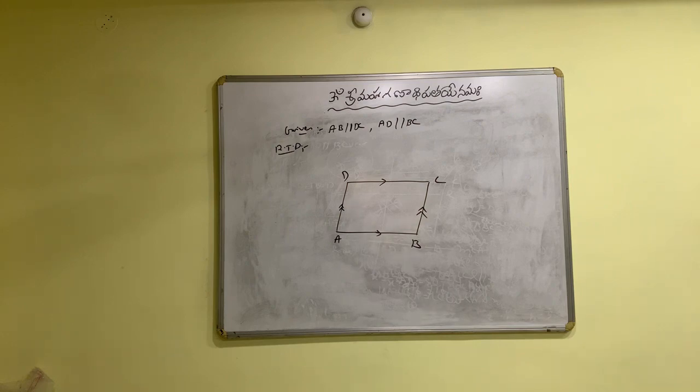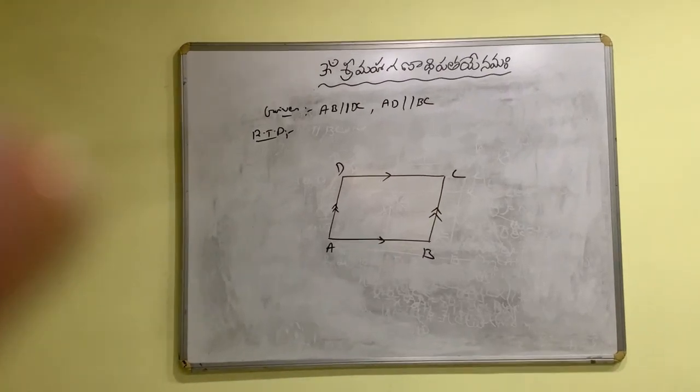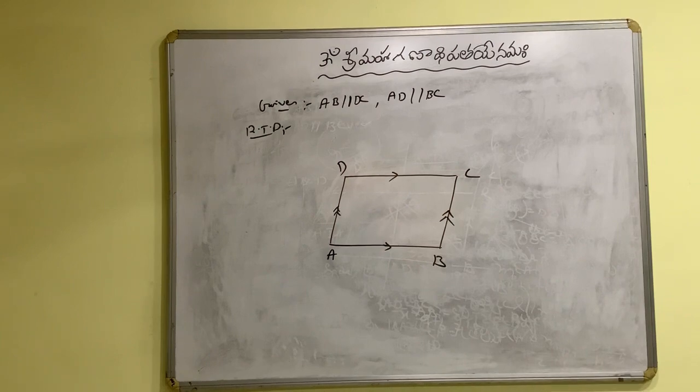So tell them to join again, so that we can complete these two properties. Tell everyone to join again. Only two properties are there, I can complete it.